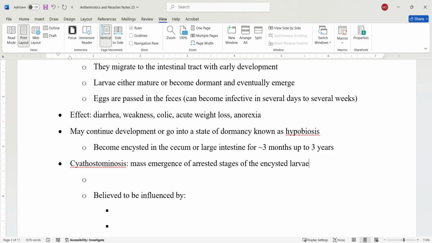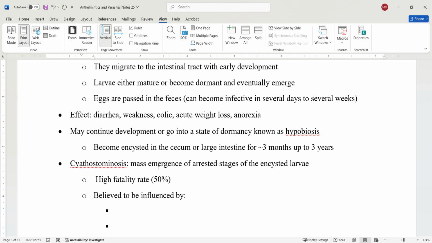The worst part about this is we really don't know why it happens. It's not incredibly common either, so it's not something you need to lose sleep over at night. But if a horse does experience cyathostominosis, it is a high fatality rate, around 50%, so 50-50 odds.